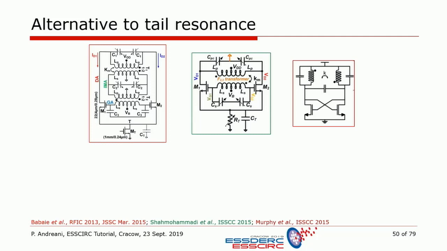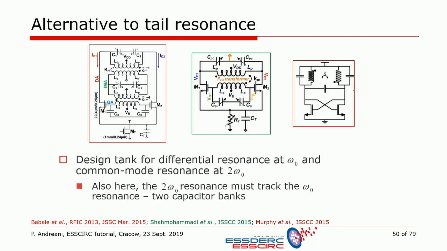You can actually design the tank itself in a more complex way, again, as you can see, making use of transformers, so that the tank resonates differentially at omega 0 and common mode at 2 times omega 0. And the nice thing here is that this was basically presented back-to-back at the ISSCC a few years back by 2 different groups.